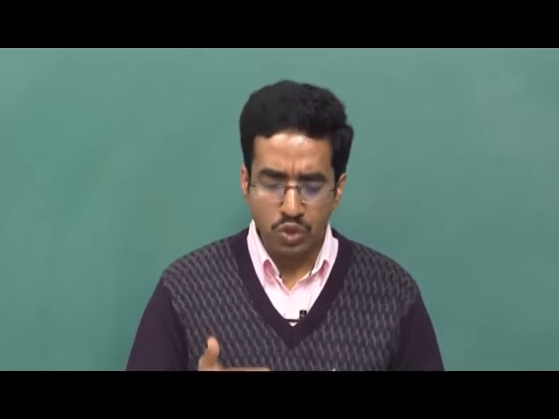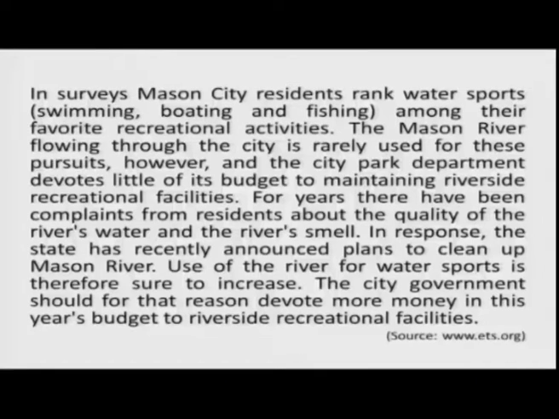So, when you look at this, it sounds convincing. Okay. The use of the river is going to increase, so therefore the government should spend more money on it, because if more and more people come there for recreation, it will create more job opportunities. It will be a good source of income for the government.